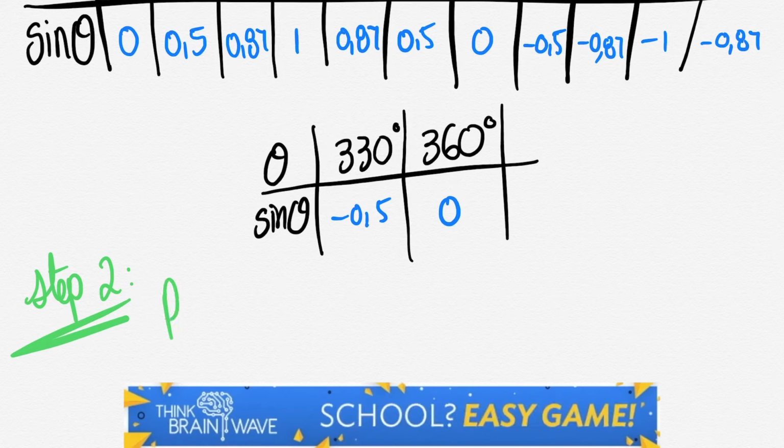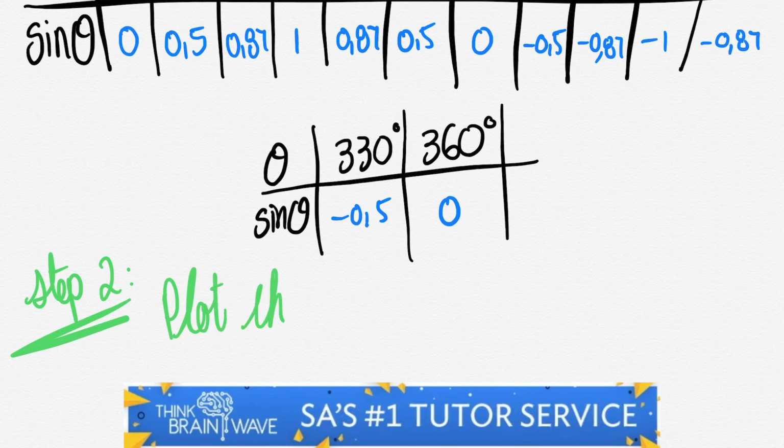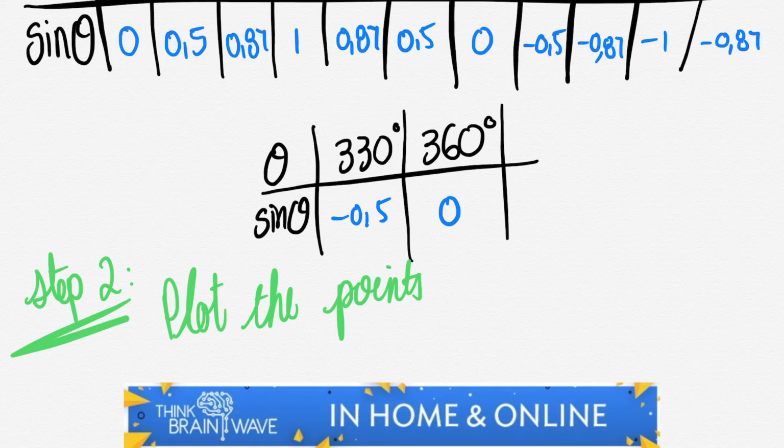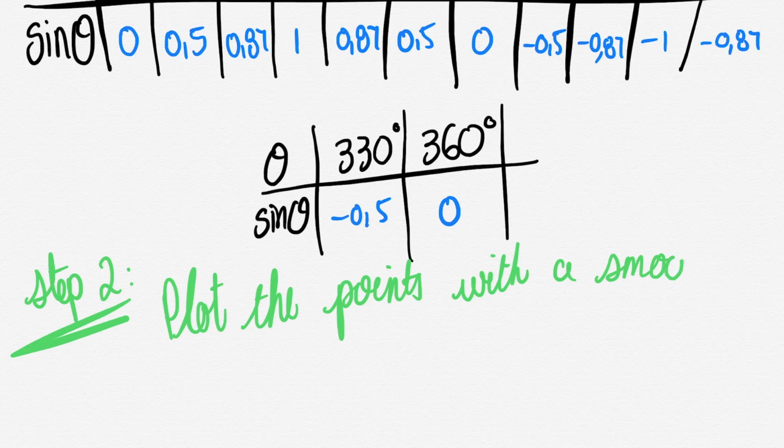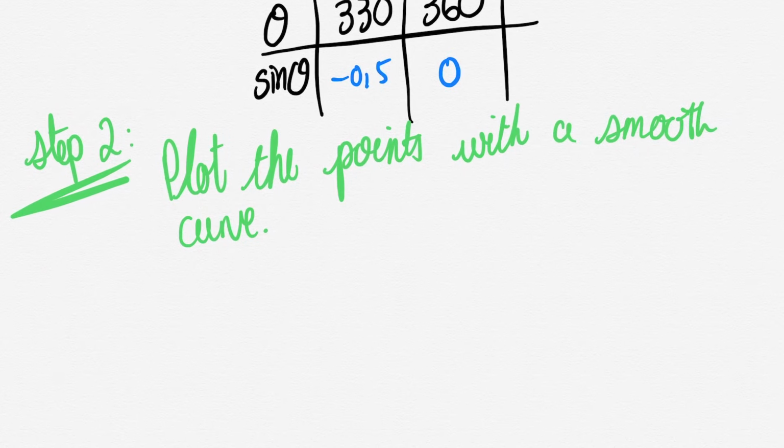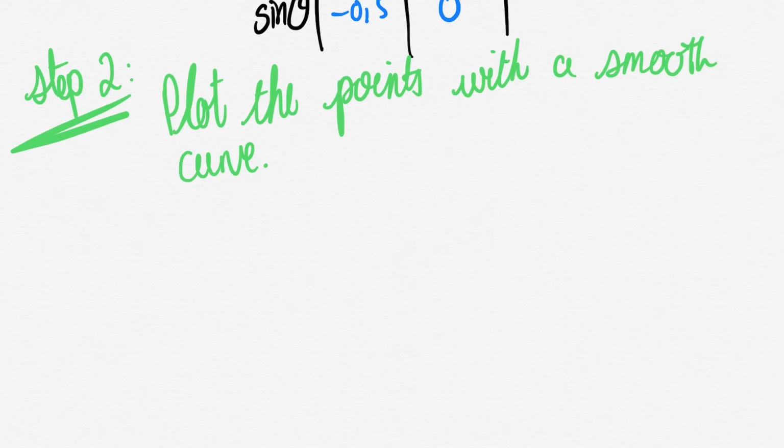It goes 0, 0.5, 0.87, 1, back down to 0.87, 0.5, 0, and then you start going the same sort of structure into the negatives. You have negative 0.5, negative 0.87, minus 1, minus 0.87, minus 0.5, and 0. So you start and finish at the same values.